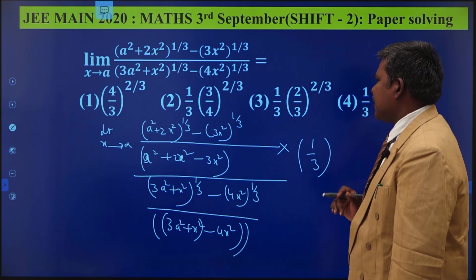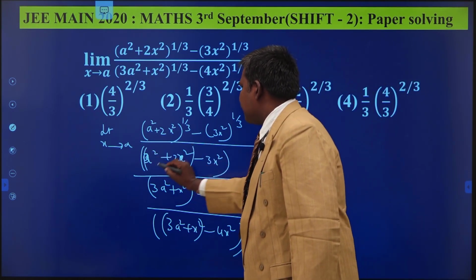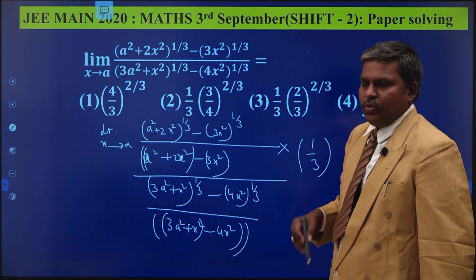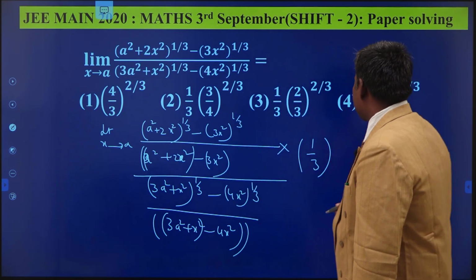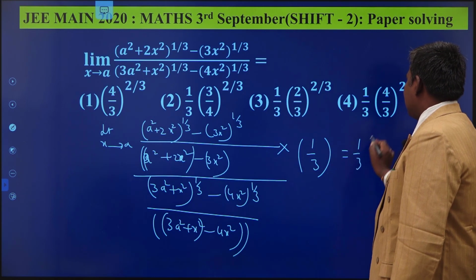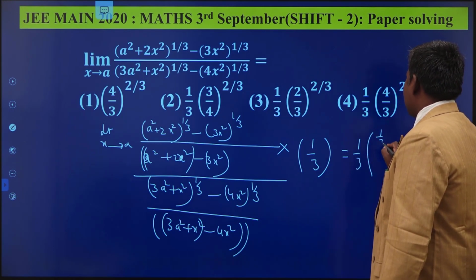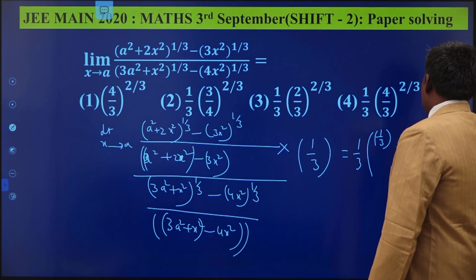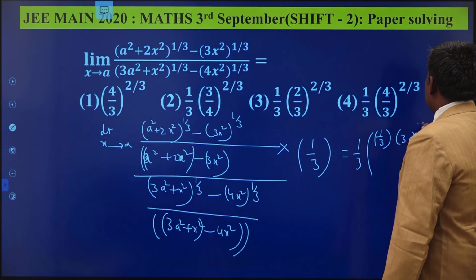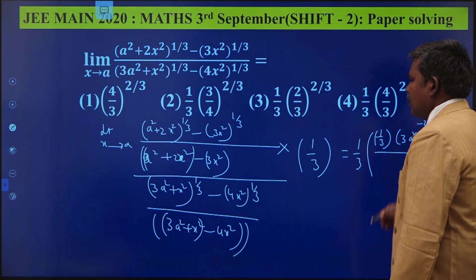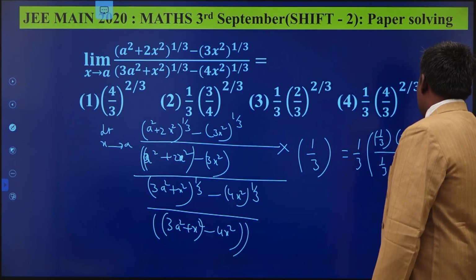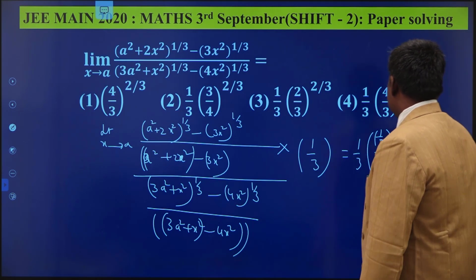Why am I writing in this manner? Now it becomes the form x to the power of n minus a power n by x minus a. You know the formula, n into a power n minus 1. So 1 by 3 of n means 1 by 3 into (3a square) whole to the power of 1 by 3 minus 1, that is minus 2 by 3, whole divided by 1 by 3 times (4a square) whole to the power of minus 2 by 3.